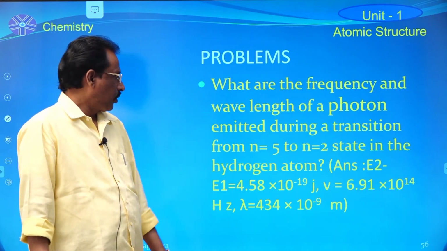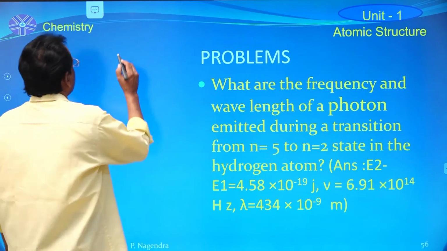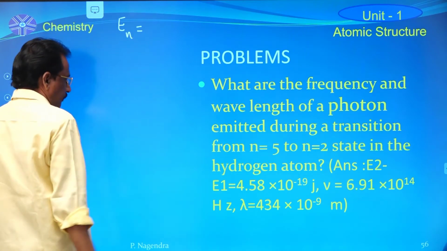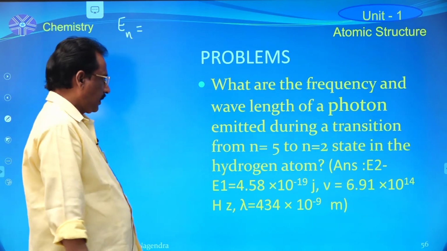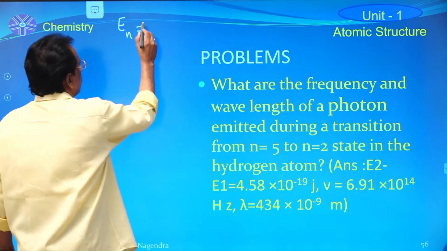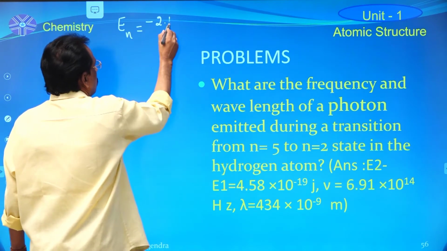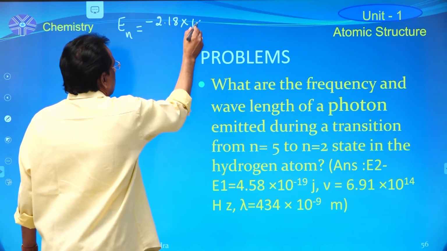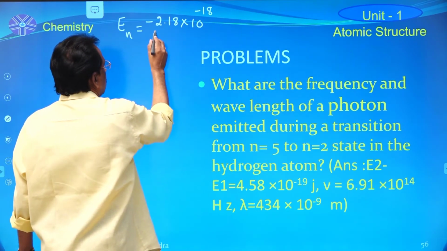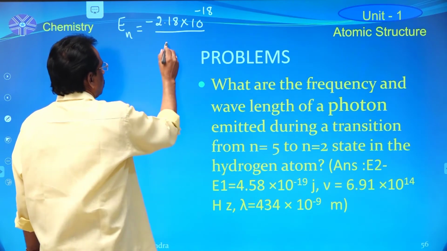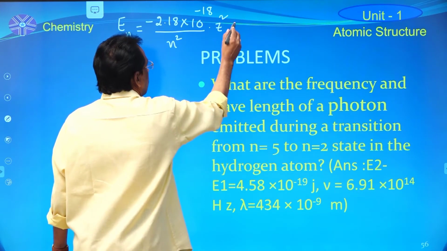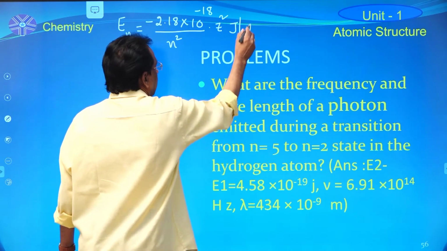Now apply Bohr's theory. According to Bohr's theory, En is equal to, if you want to calculate the energy in joules, this is the formula, minus 2.18 into 10 power minus 18 divided by n square into Z square joule per atom.